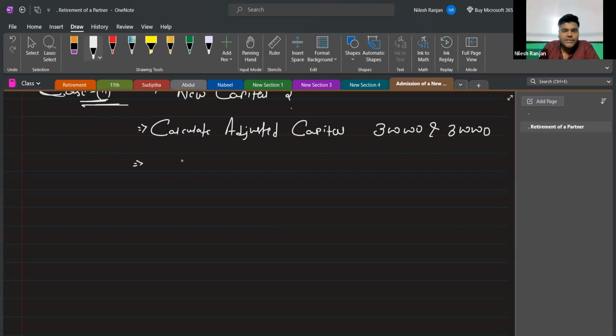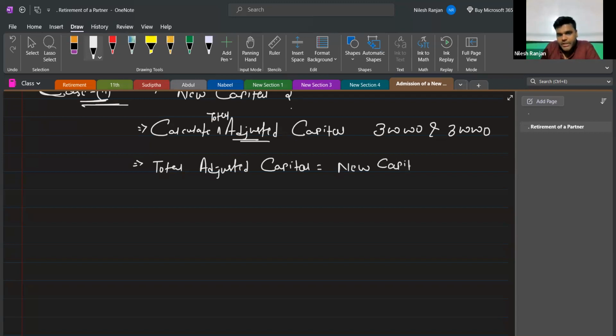After this, you will calculate the total adjusted capital. Then the total adjusted capital equals the new capital, as you already told me.